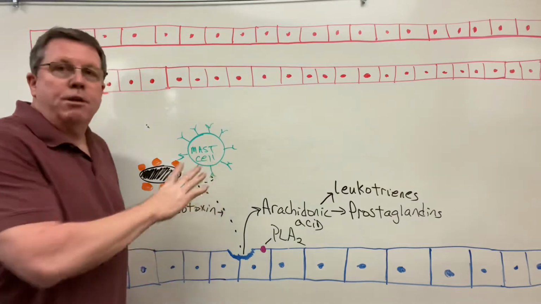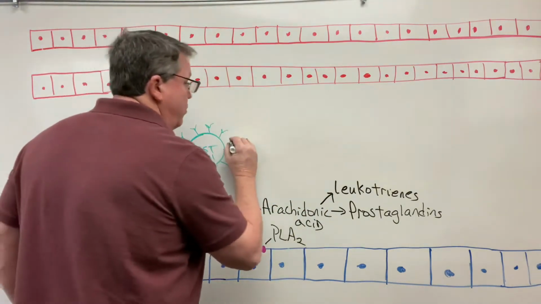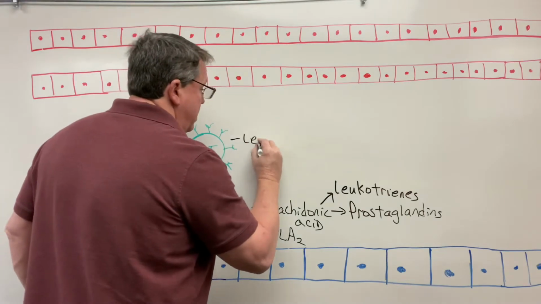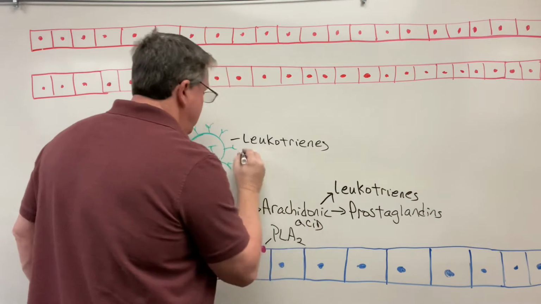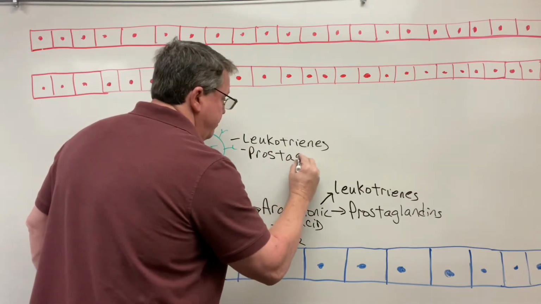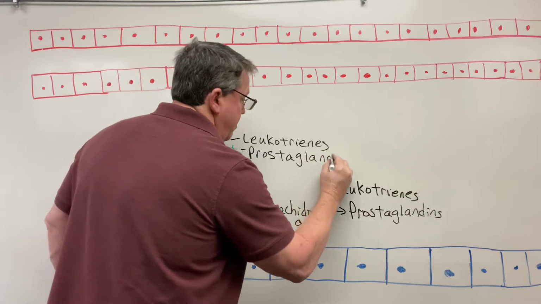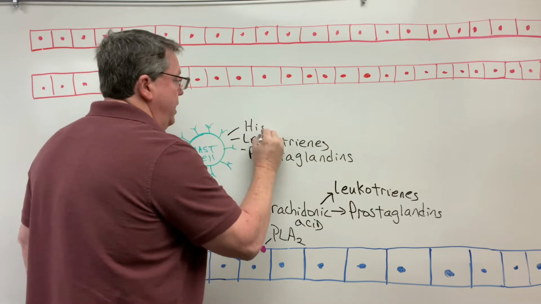When it does that, the mast cell is now going to do something similar. It's going to produce leukotrienes, prostaglandins, but it's also going to produce something called histamine.